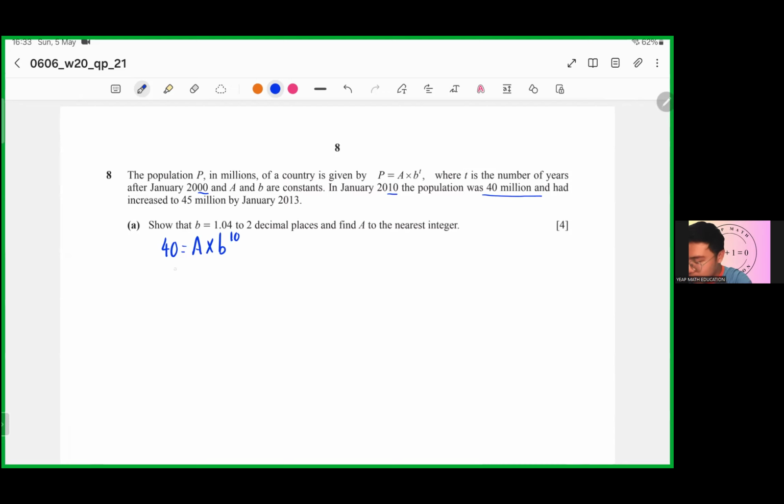So A equals 40 over B to the 10. And then next, 45 equals A times B to the 13, so A equals 45 over B to the 13. We can put it together: 40 B to the 13 equals 45 B to the 10. So we get B cubed equals 9/8.